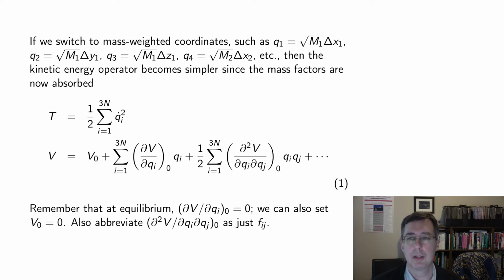So Q1, for example, the mass-weighted coordinate for the displacement in the x direction of atom 1 is just delta x1 times the square root of the mass of atom 1, m1. And I go ahead and number these consecutively.